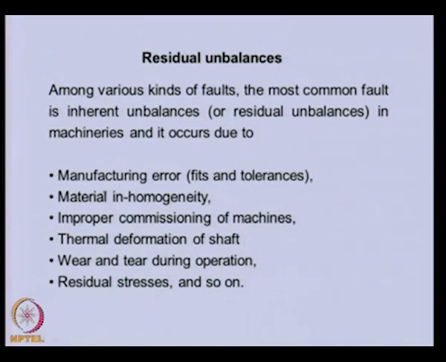We may have material inhomogeneity, improper commissioning of machines, thermal deformation of the shaft, wear and tear during operation, residual stresses, and so on. Many reasons can cause residual unbalance to come into the system.